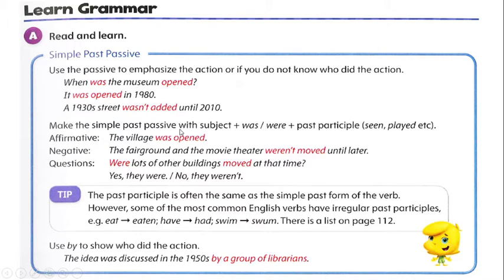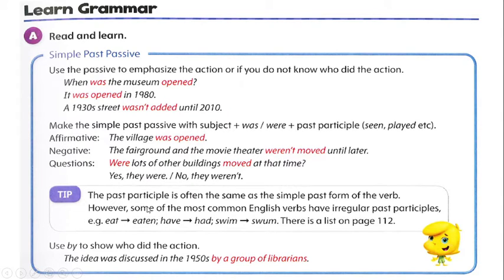Make the simple past passive with the subject plus was or were, verb plus past participle: seen, played, etc. Affirmative: the village was opened. Negative: the fairground and the movie theater weren't moved until later. And the question is, were lots of other buildings moved at the time? Yes, they were. No, they weren't.